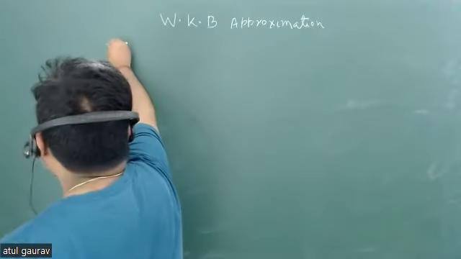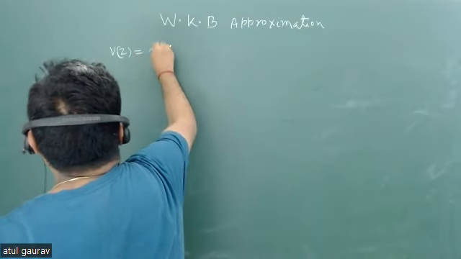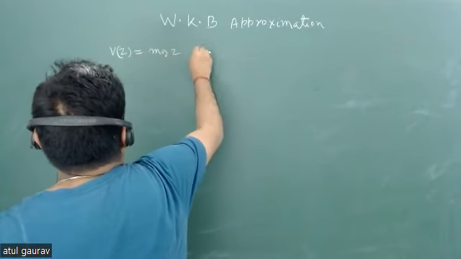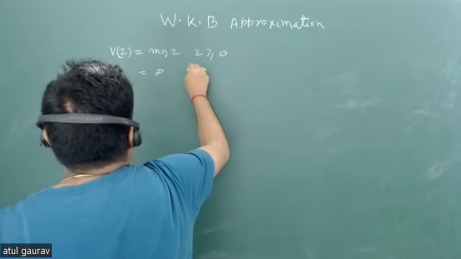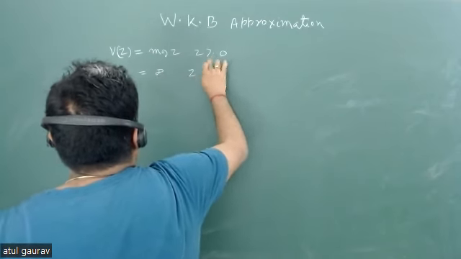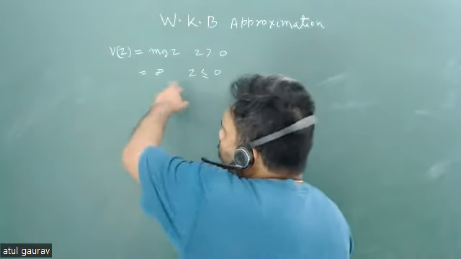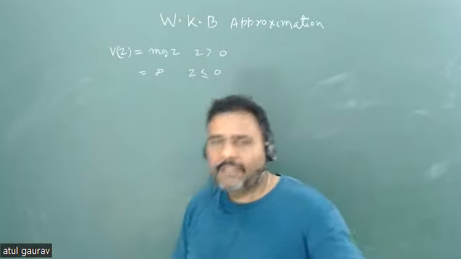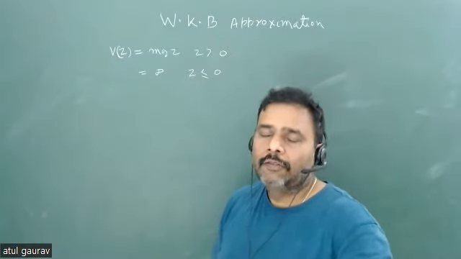So what will be your potential? V(z) is equal to mgz when z is greater than 0, and that value is infinity when z is less than 0. Why am I saying this is infinity? At the surface of Earth, I am assuming my z is equal to 0.